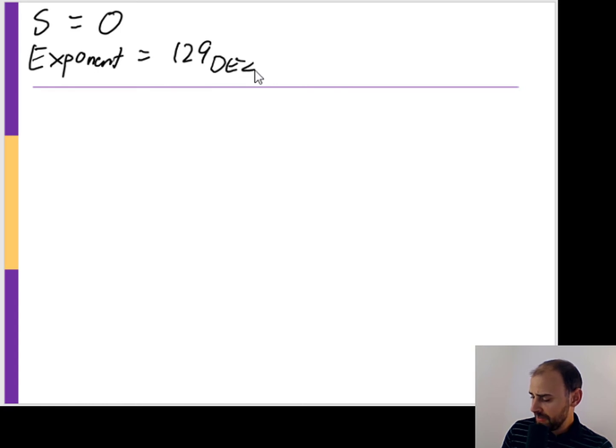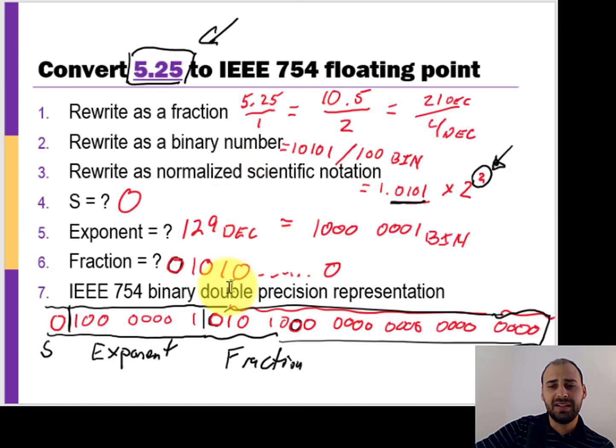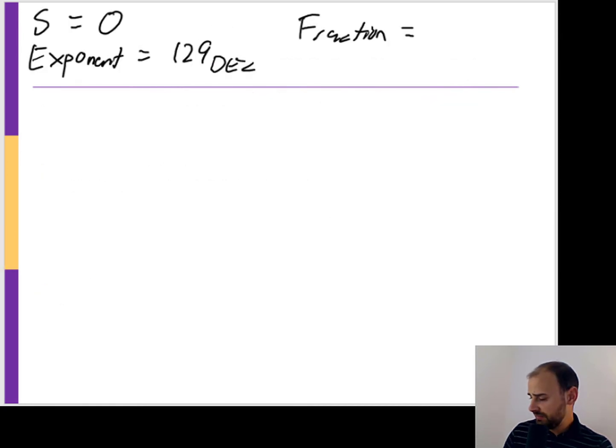And we know the fraction, which I'm going to keep represented in binary here, is 0, 1, 0, 1. So let's use the formula that we saw previously to confirm that everything is working correctly.